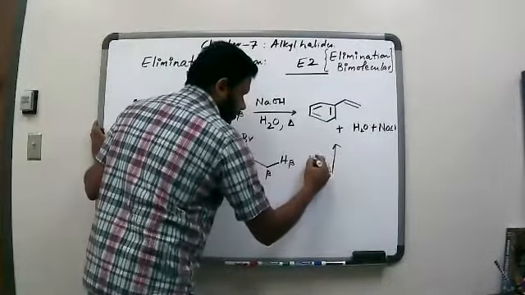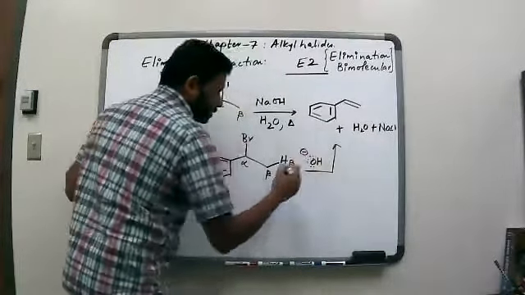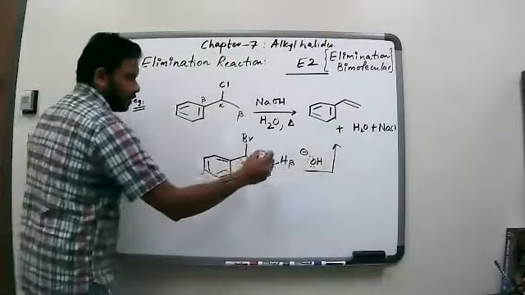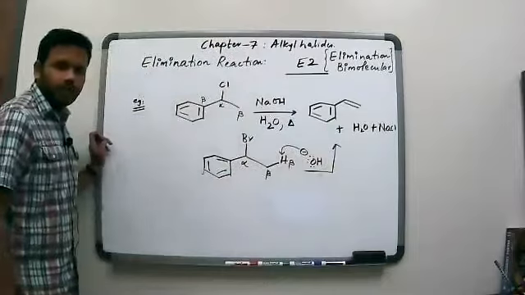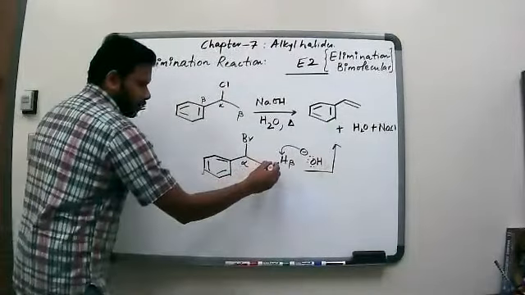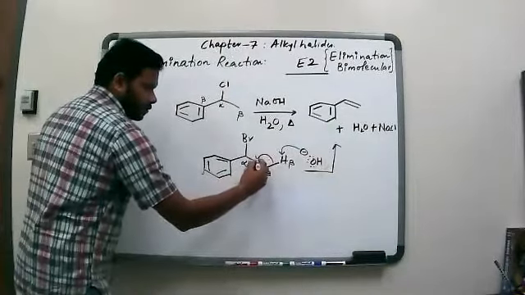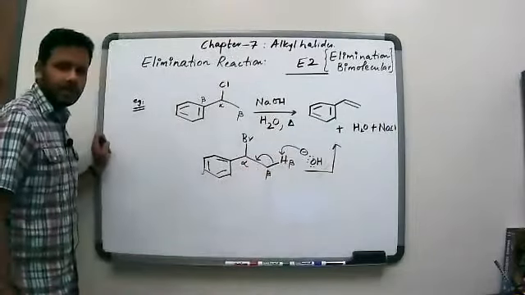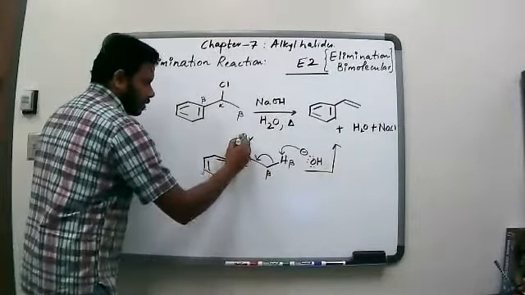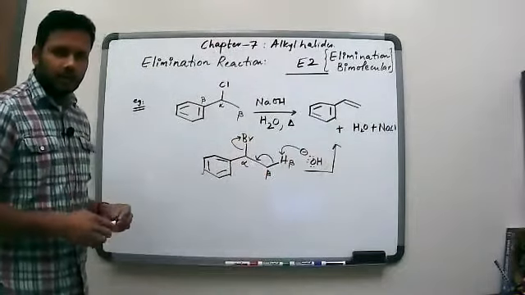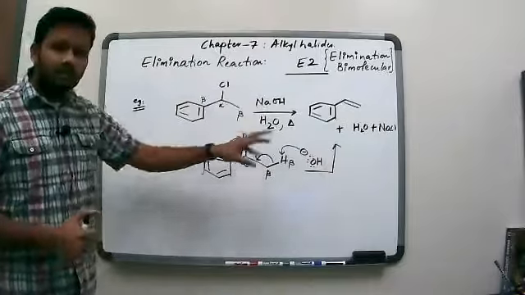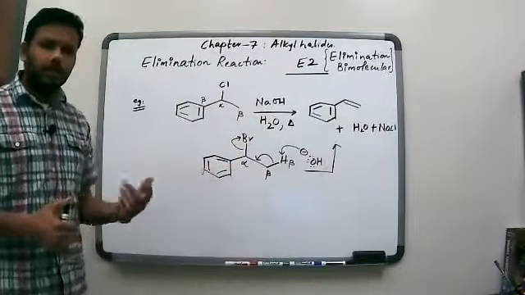So the base, which is hydroxide, will deprotonate H beta. Electrons between H beta and C beta go into the space between alpha and beta, and then the bromine is going to leave. So that would be the mechanism of the reaction. But again, like I said, there are some stereochemical aspects that we're going to see in subsequent videos.